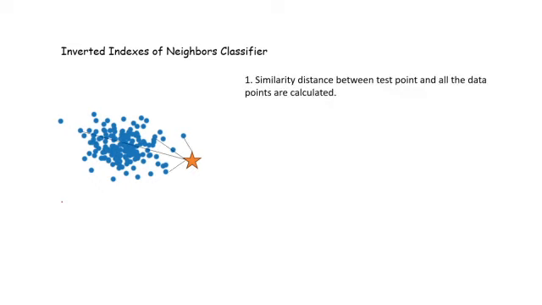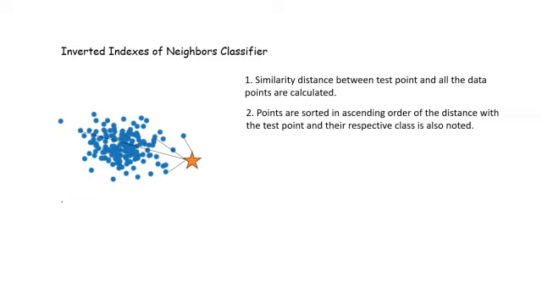First of all, they find the similarity distance, or the distance, between the test point and all the data points. Then these points are sorted in ascending order of the distance, that is lowest to highest, and the respective class is also noted while they are sorting.